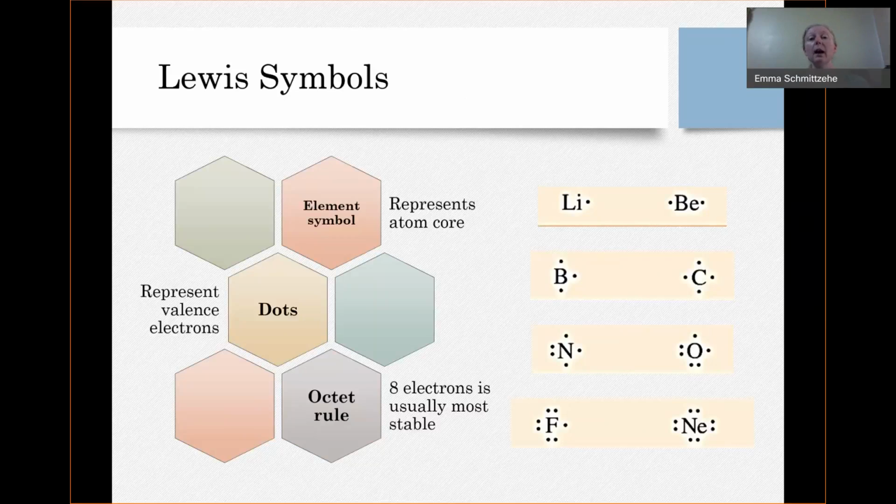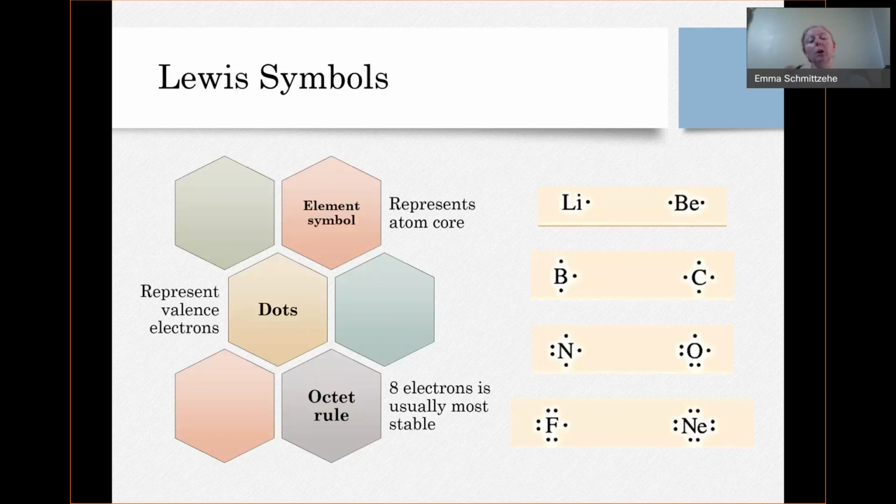You place dots on each of those sides individually first, as unpaired electrons. Once you have one on each side, like what I have there for carbon, well, carbon only has 4 valence electrons. You can see it's in group 4 on the periodic table, so it has a single dot on each side.